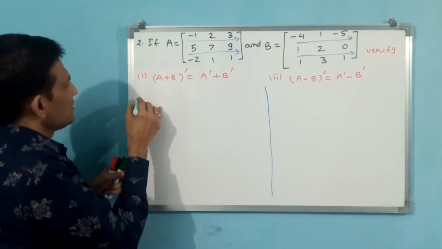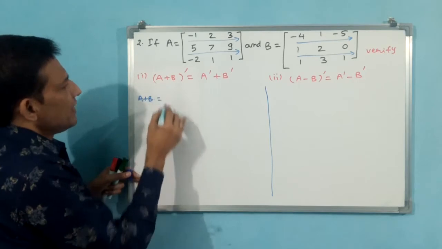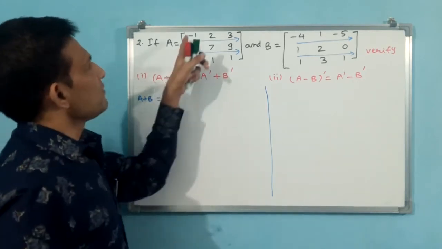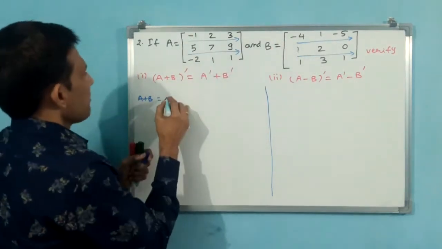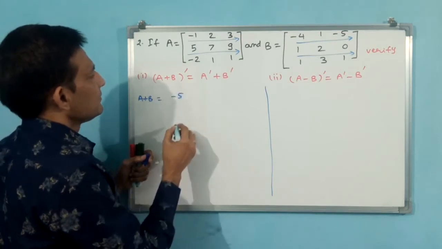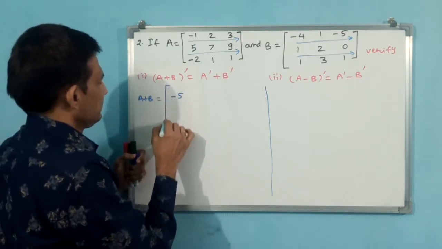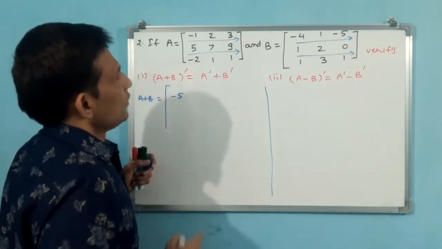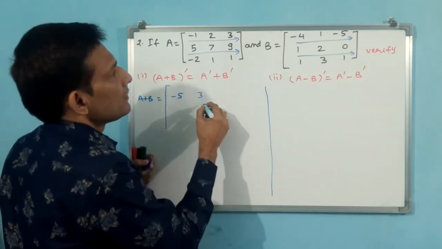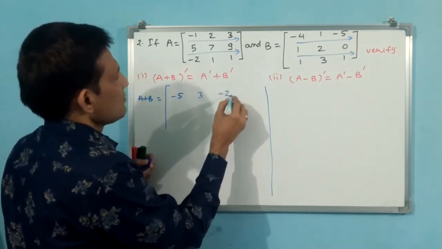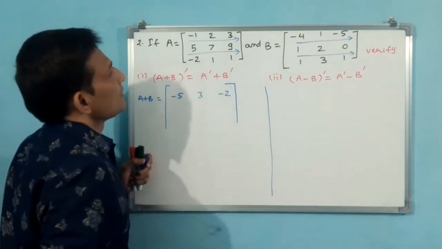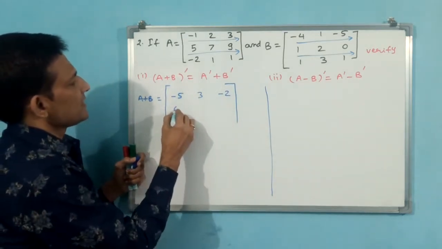Two steps are there. First step is A plus B. Let us do A plus B. A plus B is simple only. -1 plus -4 is -5. 2 plus 1 is 3. 3 minus 5 is -2. Now 5 plus 1 is 6.